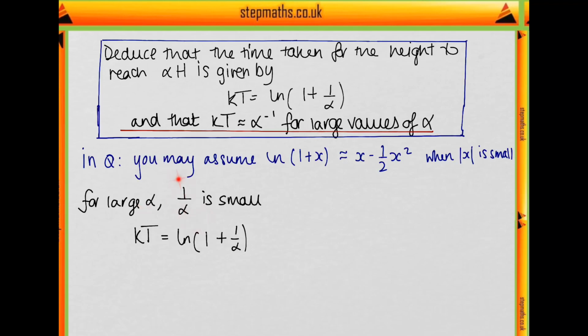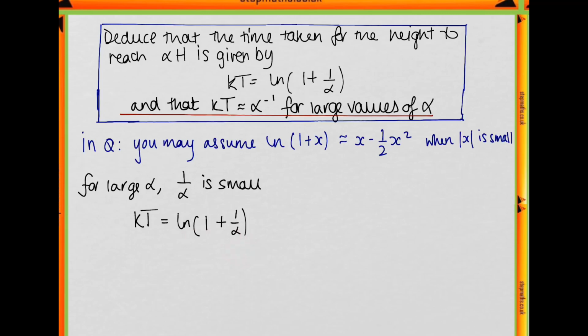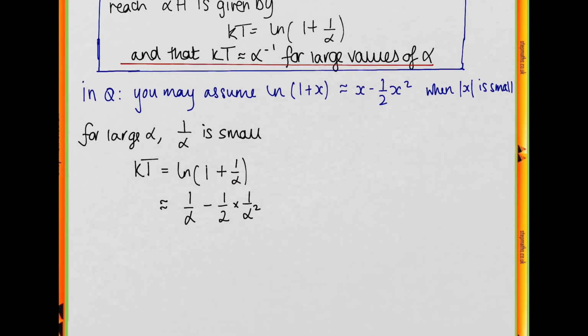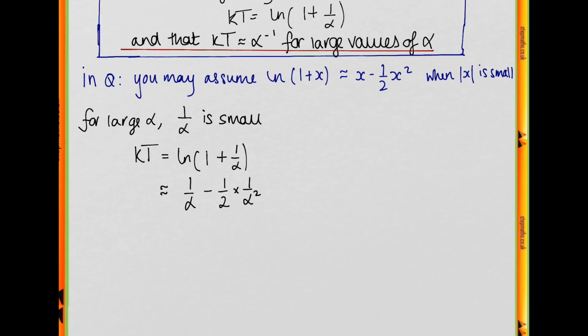For large alpha, we can say that 1 over alpha is small. So we can expand this ln(1 plus 1 over alpha) as we expand it here, getting 1 over alpha minus a half times 1 over alpha squared. And noting that the 1 over alpha squared is going to be even smaller than the 1 over alpha, we can get an approximation of just 1 over alpha. And this suffices for this part.